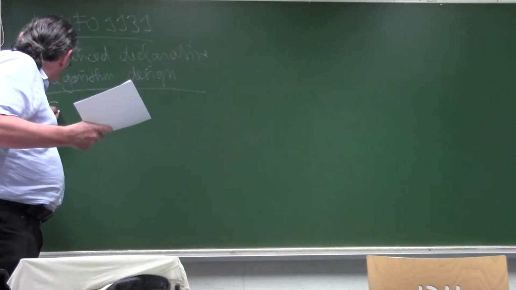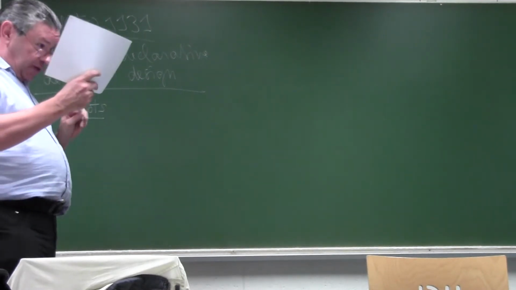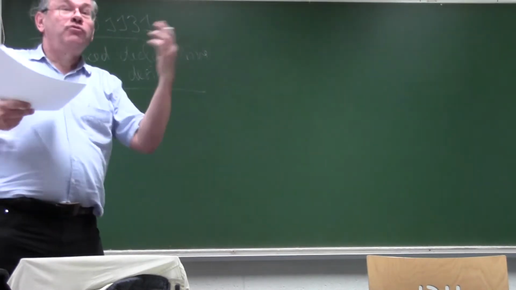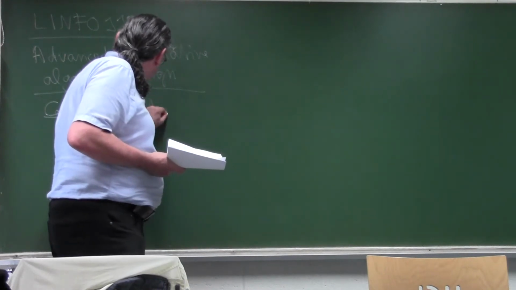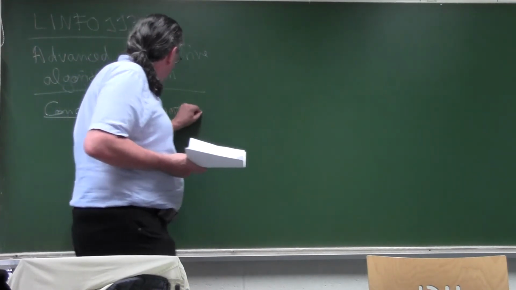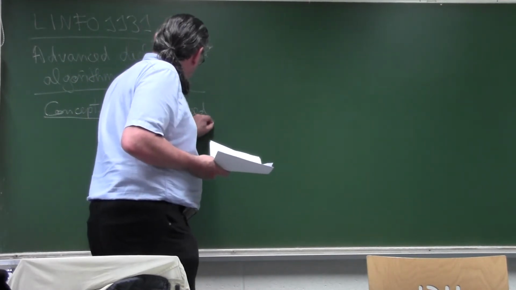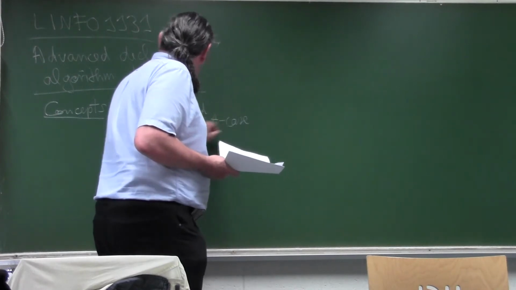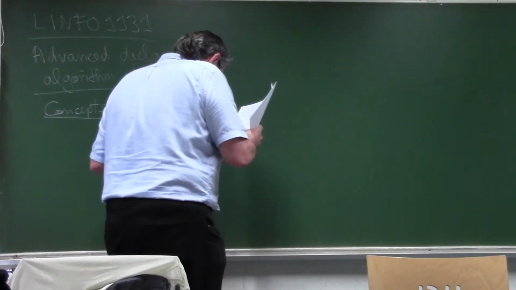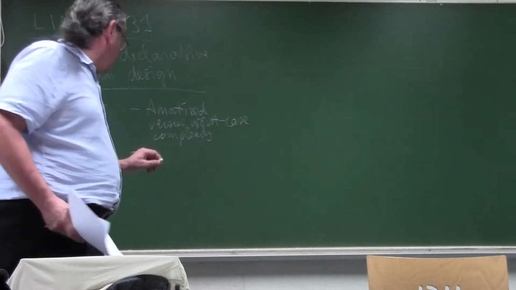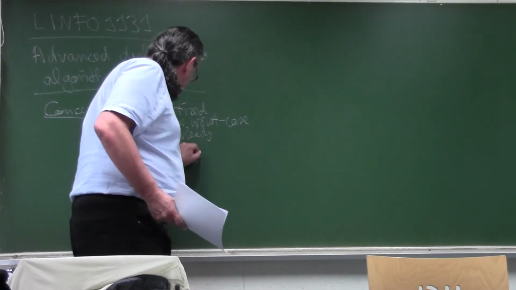In order to explain that, I first need to introduce some concepts about algorithms, because we're going to look at different kinds of algorithms. The first thing I want to explain is amortized versus worst case complexity. I also want to explain an interesting concept called an ephemeral versus a persistent algorithm.